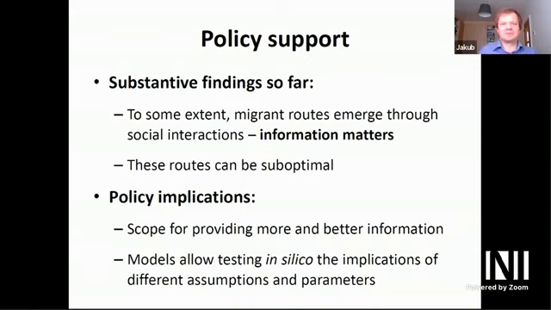At the same time, these routes under regular conditions can be suboptimal. So there is scope for infusing the system with more and better information in order to get outcomes that are better for the migrants themselves and better for policymakers who try to manage the flows. And of course, the great advantage of simulation models, as you have heard before, is that they allow examining different scenarios in silico in a quasi-experimental setting.